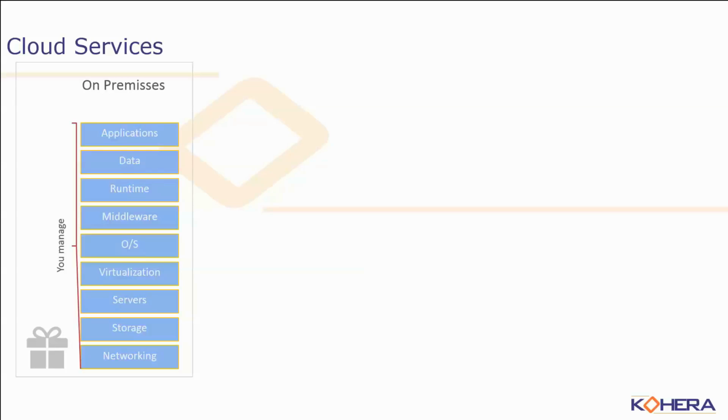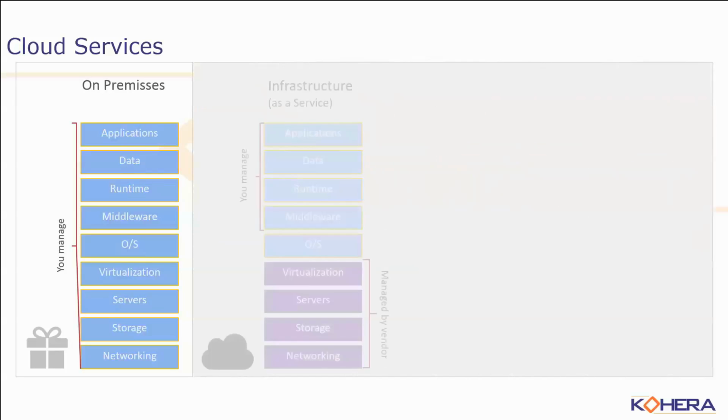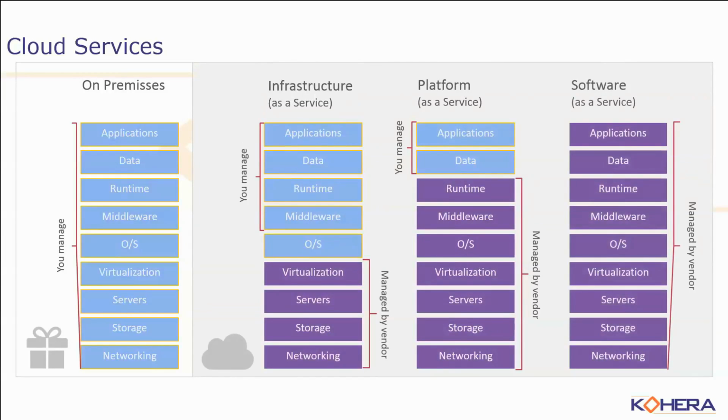On those disks we ran our hypervisor servers on which we virtualized new machines where we had to maintain the operating system and every middleware runtime, up to the point where we could deploy our applications and maintain our data. Now with the coming of cloud, whether private or public, doesn't matter, you can have three different models as we know.